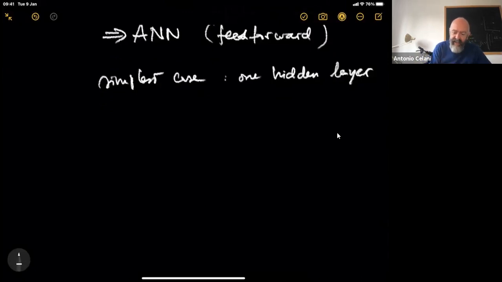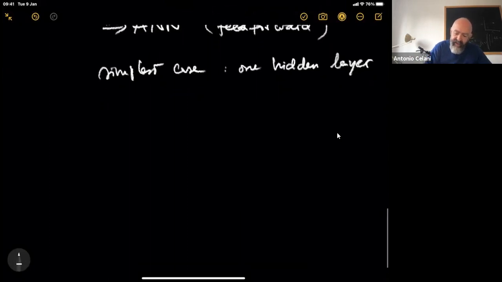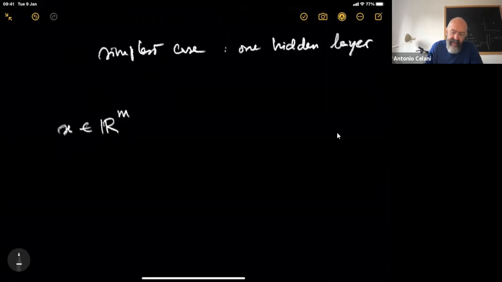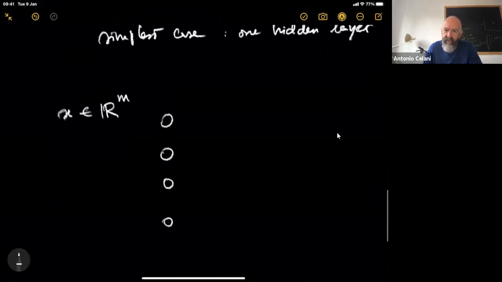But the basic idea is that you can construct a nonlinear function approximation in the following way. Suppose that you have an input, which is some vector r which belongs to some space with dimension m, and then you can feed this input into a certain set of objects which we call nodes, maybe one component per node, for instance.